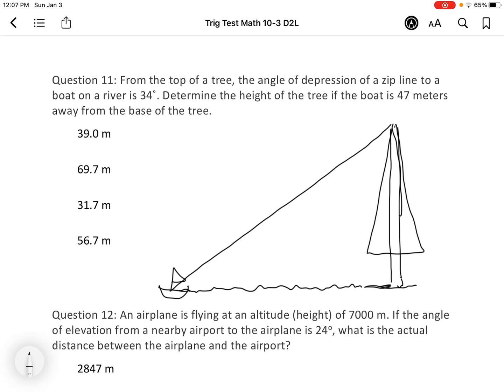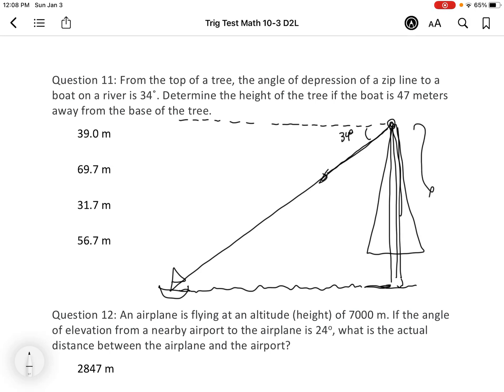Okay, now the angle of depression is always between the line of sight to the boat, so that's this line, and the horizontal. So the horizontal is right here. So this is 34 degrees. Okay, determine the height of the tree.